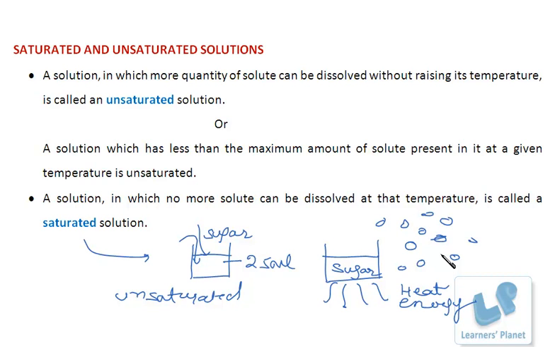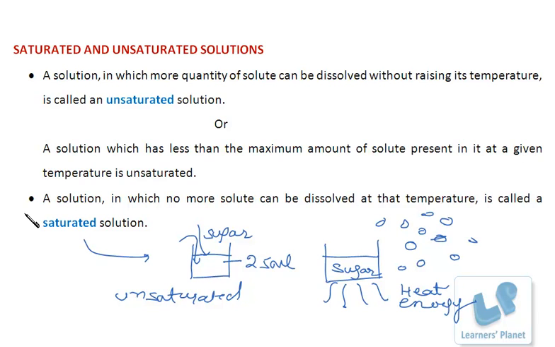So remember, an unsaturated solution is a solution to which more solute can be dissolved without raising the temperature. And a solution to which no more solute can be dissolved at that particular temperature is called a saturated solution.